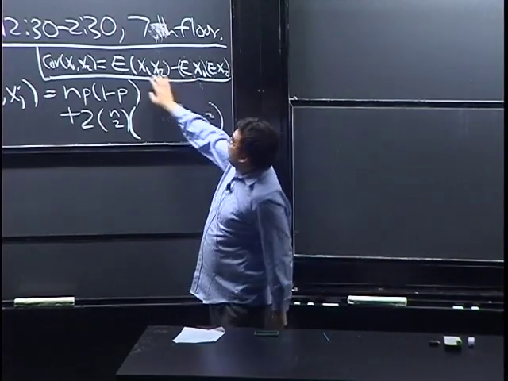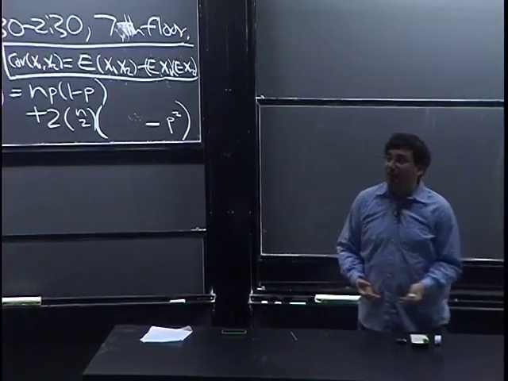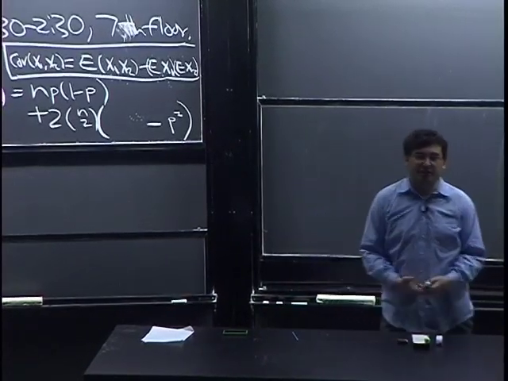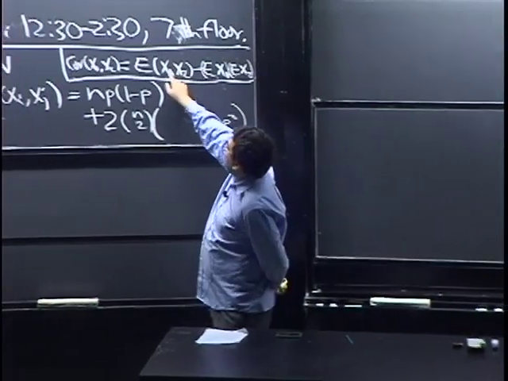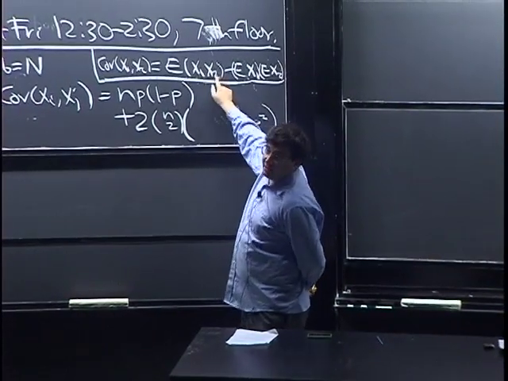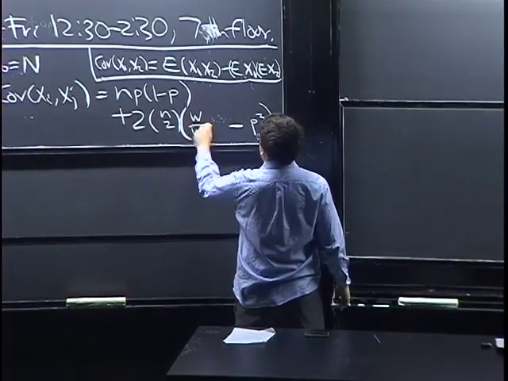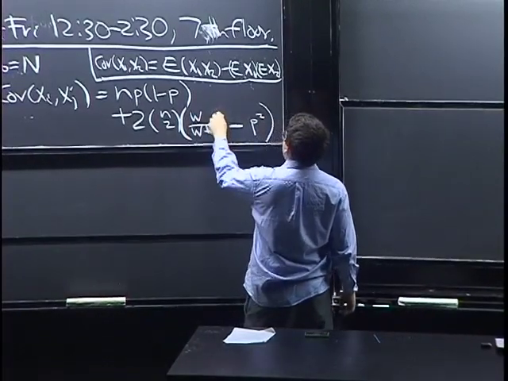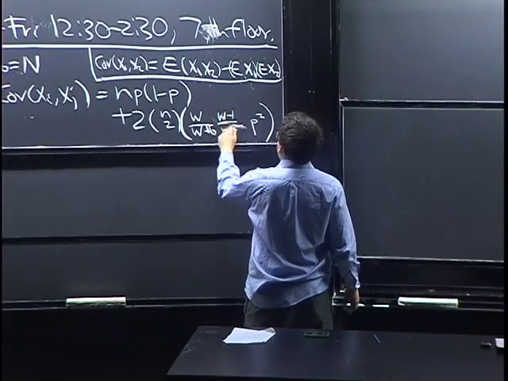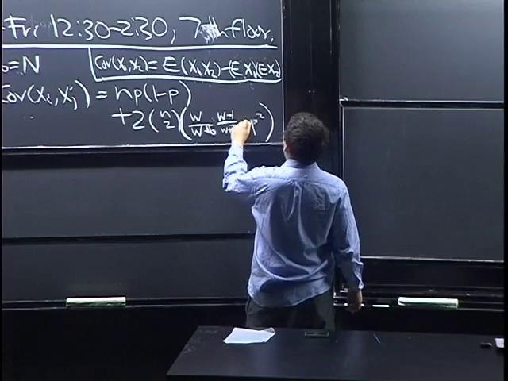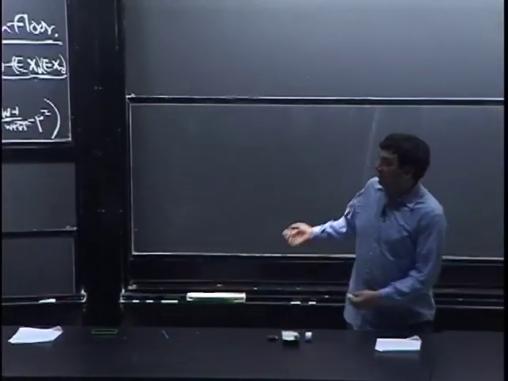Now, E of X1 X2. As I pointed out last time, if you multiply two indicator random variables, that's just an indicator random variable of the intersection. So this is just the event that the first ball is white and the second ball is white. So the first ball is W over W plus B, that's just p again, times W minus 1 over W plus B minus 1, minus p squared. Okay, so that looks messy.